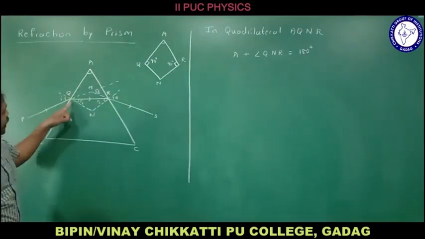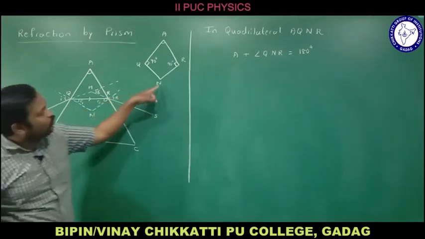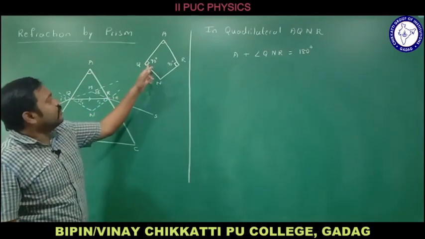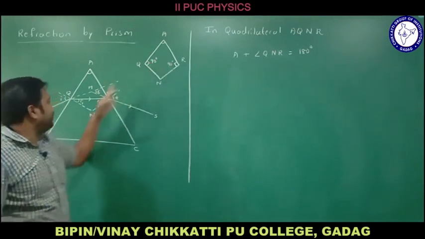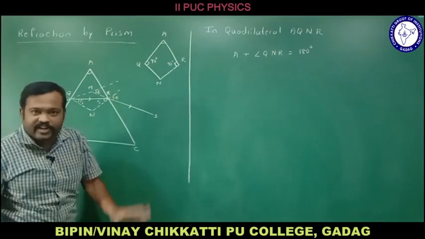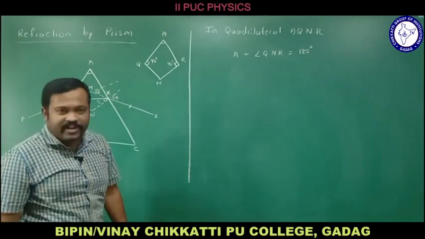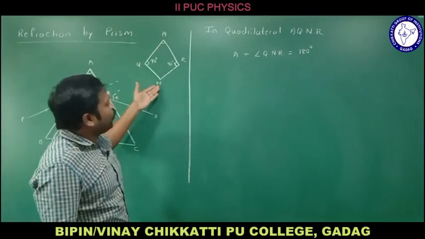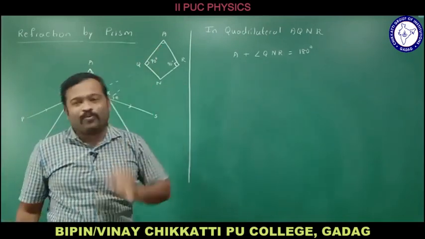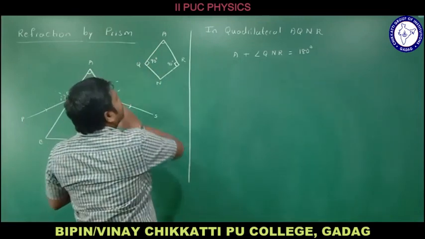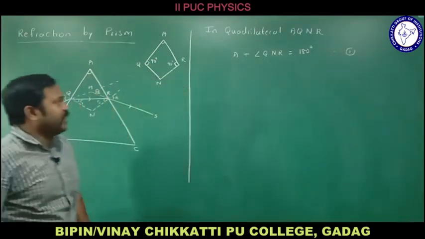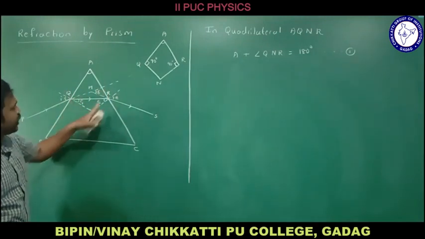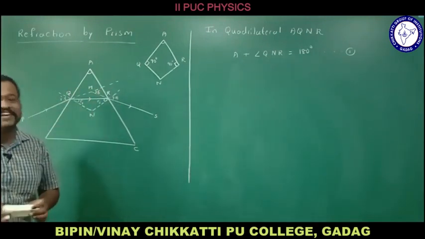Angle A plus angle QNR is equal to 180 degrees, because the other two angles, 90 and 90 together, are equal to 180 degrees. What is the angle remaining? 180. So angle A plus angle QNR must be equal to 180 degrees. This is equation number 1. Just understand how I got this equation: angle A plus QNR is equal to 180 degrees.